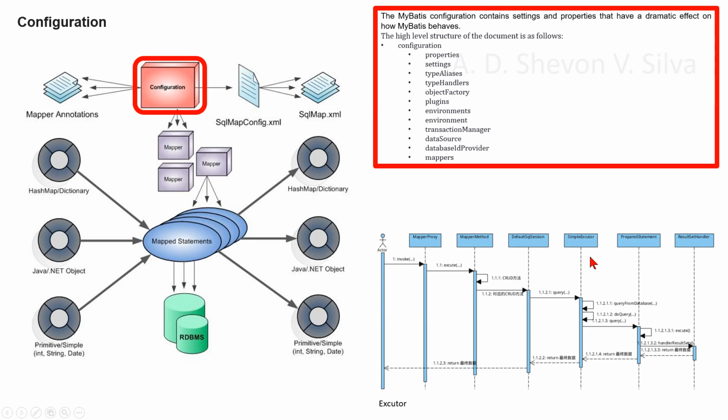There are 3 built-in executor types in MyBatis. The default is simple. In this mode, it creates a new prepared statement for the execution of each statement and submits a single SQL statement, while the batch mode reuses the prepared statement and executes all the batch update statements.